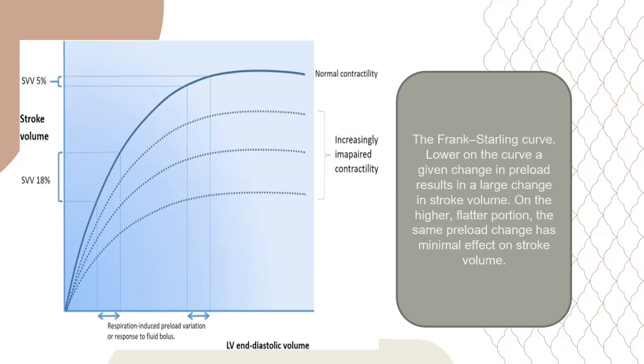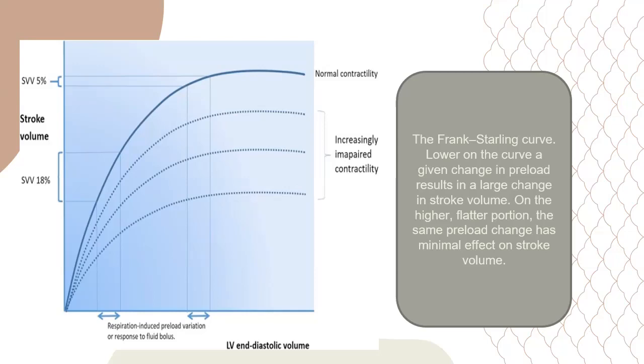So as you can see in this diagram, if the patient is at the ascending part of the curve and we do a dynamic test, as in we give a fluid bolus, be it with an intravenous fluid or with your passive leg raise, even a little bit of fluid given will increase your stroke volume by 18%, if the patient is around here.